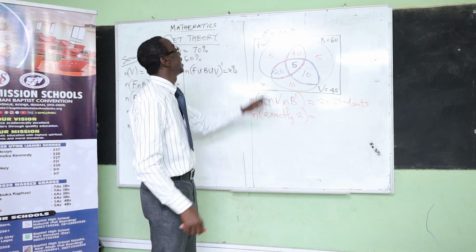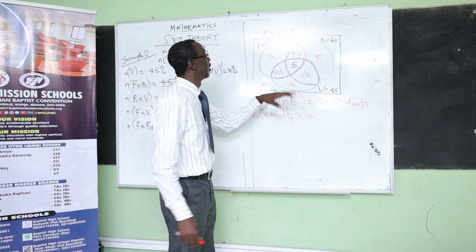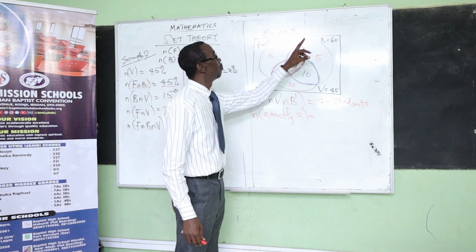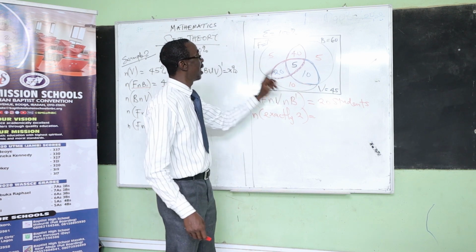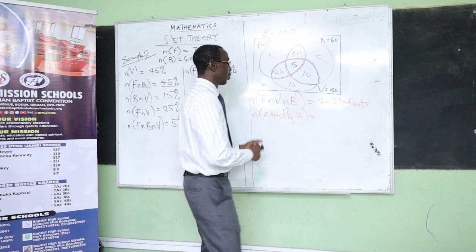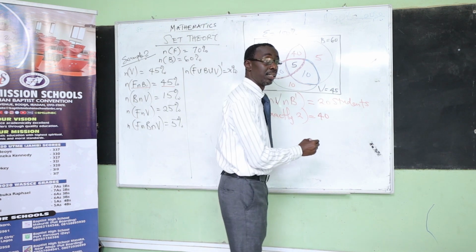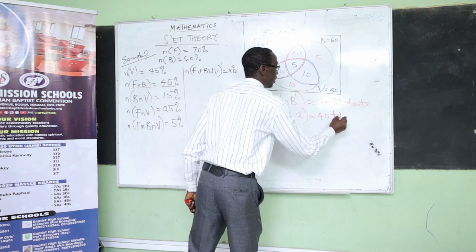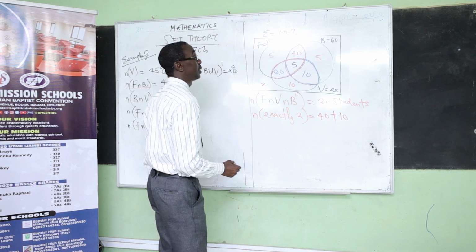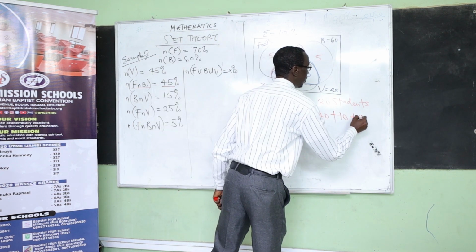So it must be either football and boxing only, or boxing and volleyball only, or football and volleyball only. So football and boxing, 40 only, right? Boxing and volleyball only, 10. Then football and volleyball only.